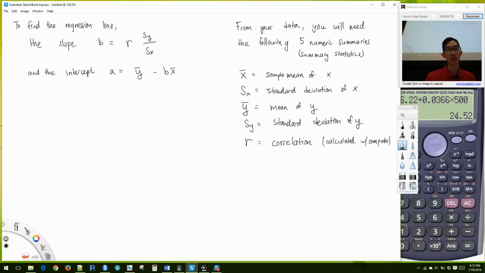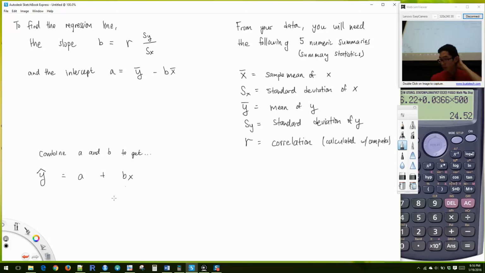Once you get the b, the slope, you're going to plug y bar and x bar and b together, and you get a. Then you combine a and b to get predicted y, or y hat, is equal to a plus bx.